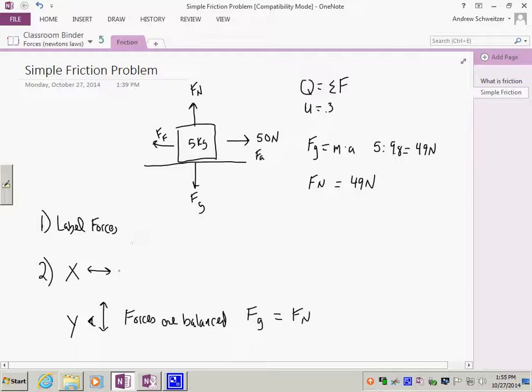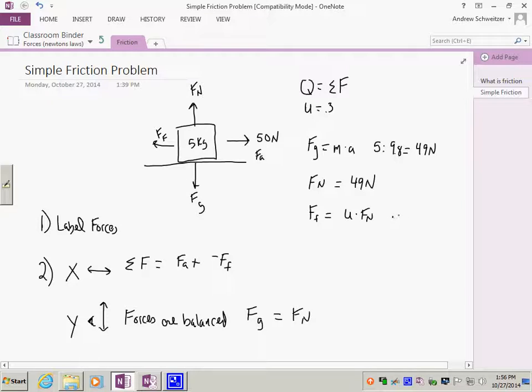But I do know that the sum of all the forces in that direction is equal to the force applied, which is the 50 newtons, plus the negative force of friction. Now, the force of friction is equal to the coefficient of friction times the force normal. Let's go ahead and calculate that.